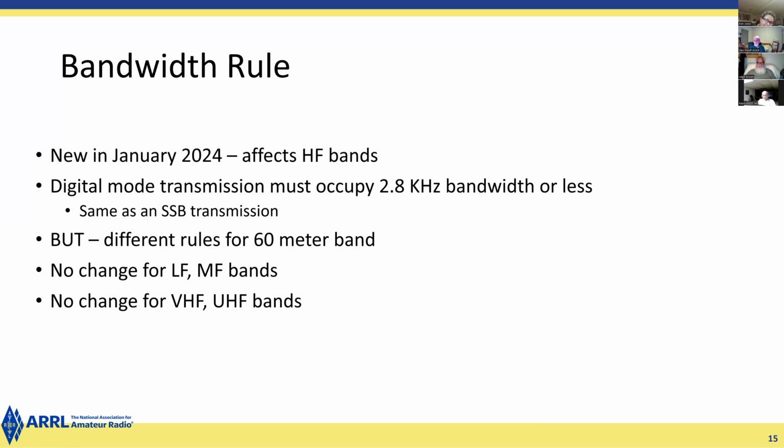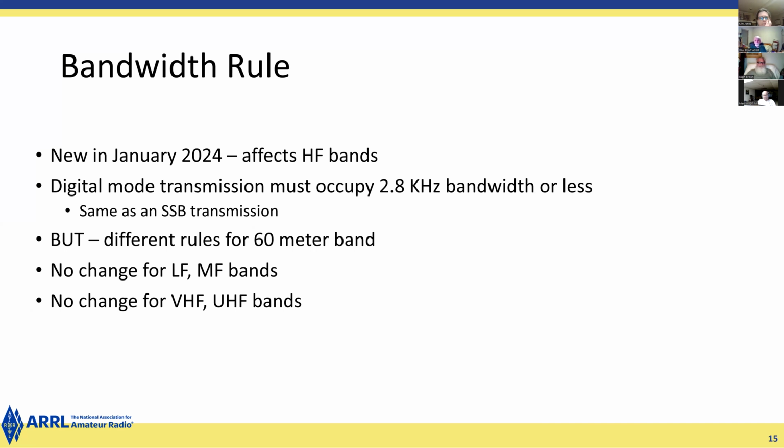On the HF bands, except for 60 meters, digital mode transmission can use any modulation method at any data rate as long as it occupies no more than the same bandwidth as a single sideband signal, 2.8 kilohertz.